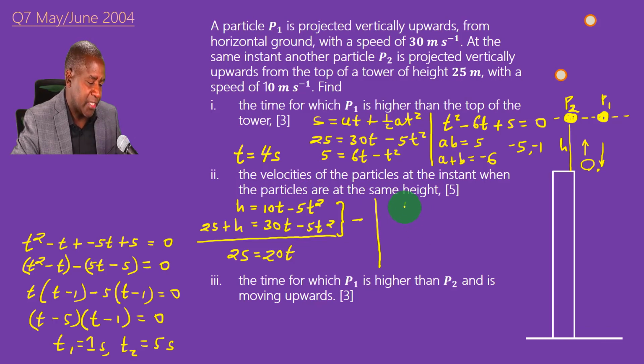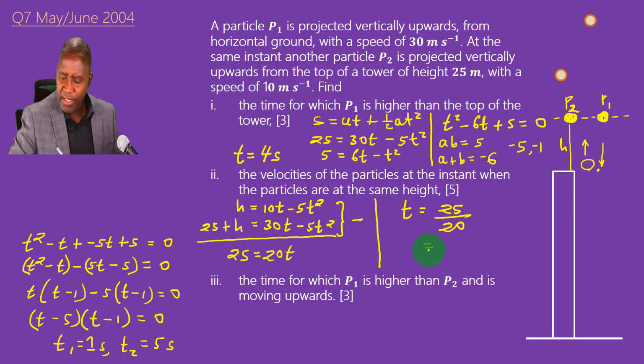So I'm going to get my t to be equal to 25 divided by 20, and this will be the time. 25 divided by 20 is 1.25.